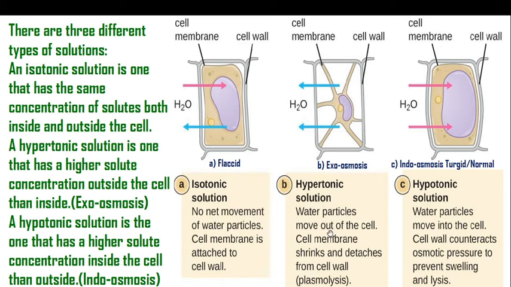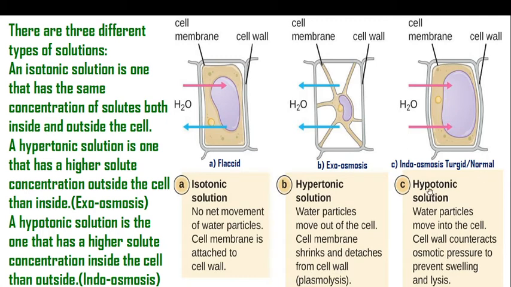Water particles move out of the cell, the cell membrane shrinks and detaches from the cell wall, which is called plasmolysis. The centrally located cytoplasm creates a gap between cell wall and cytoplasm, and this is the cell wall. Within this structure we observe plasmolysis, which is a shrinkage or detachment from the cell wall.